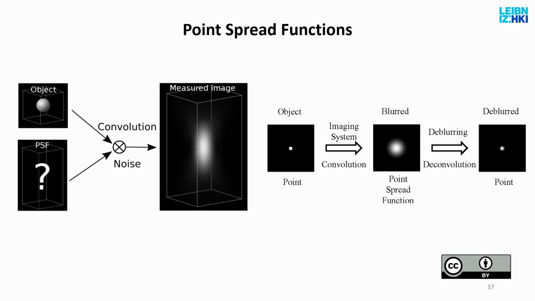Now, so far we learned that the microscope will never return an optimal depiction of the object. There are optical aberrations, and there is a limited resolution. There's light scattering. So the microscope will do something to our image which will make the image less than optimal.